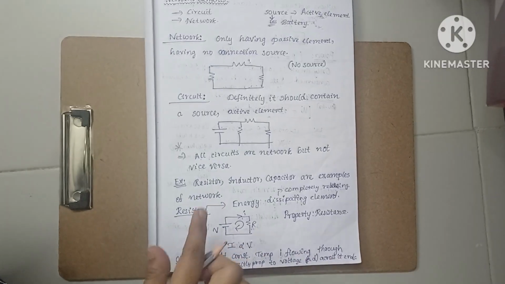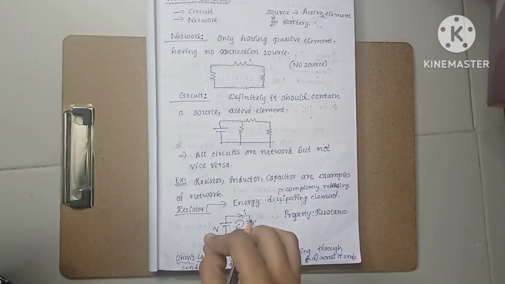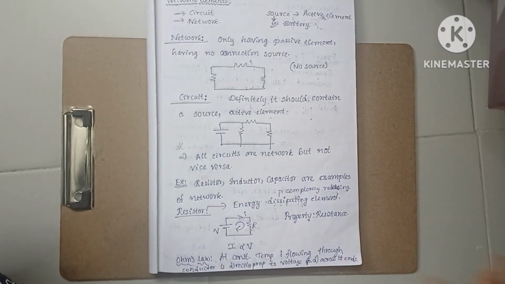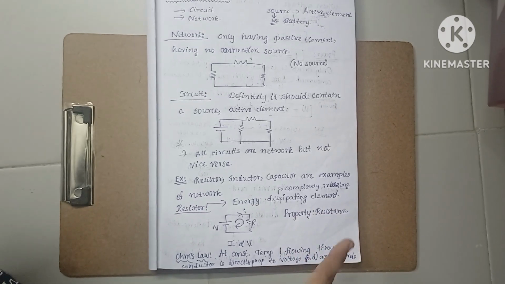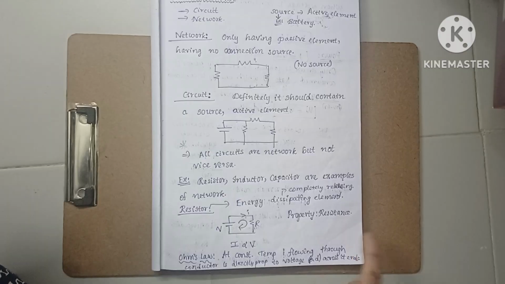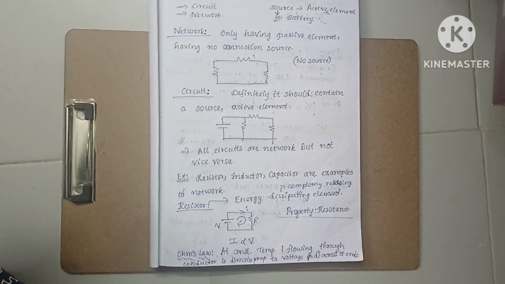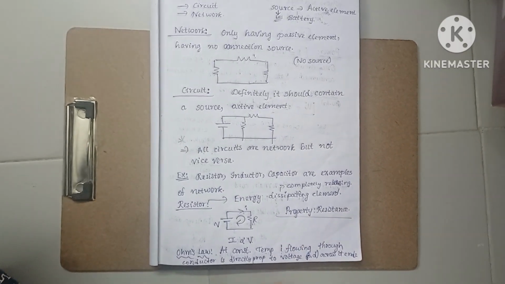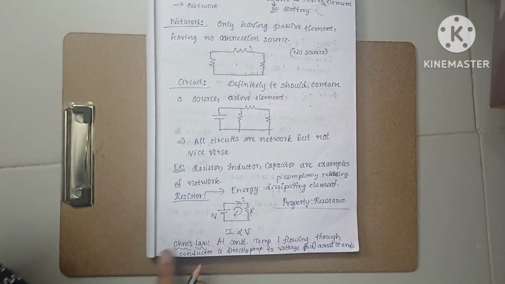Remember one thing, a resistor will never store energy, it continuously dissipates energy. That means it will completely release that energy. And the property of this resistor is said to be resistance. And here we define this resistor by using Ohm's law.